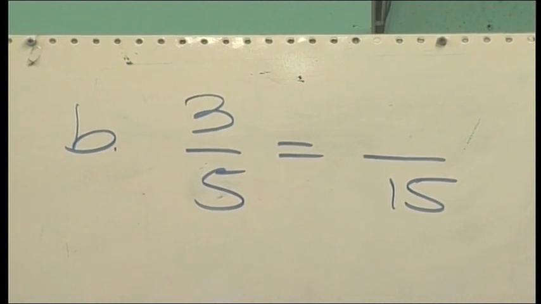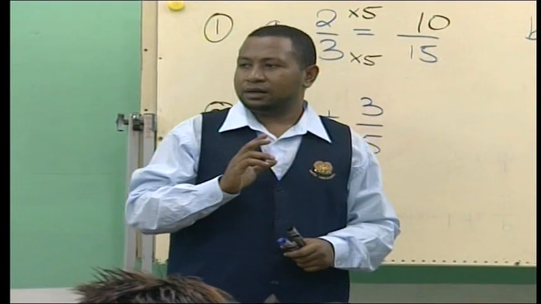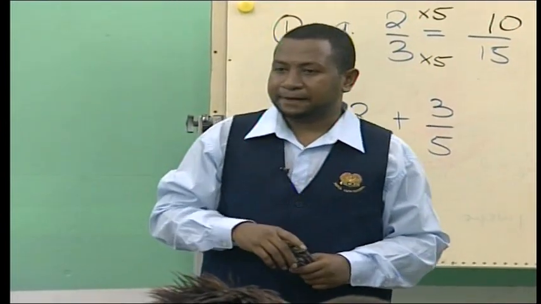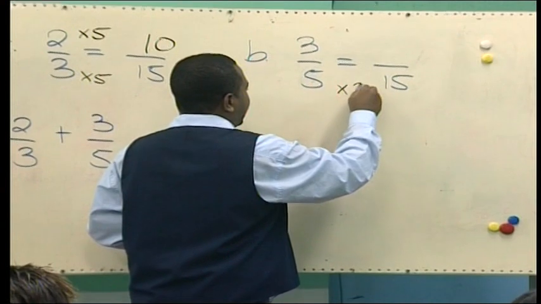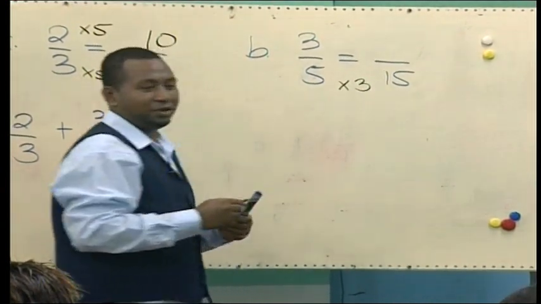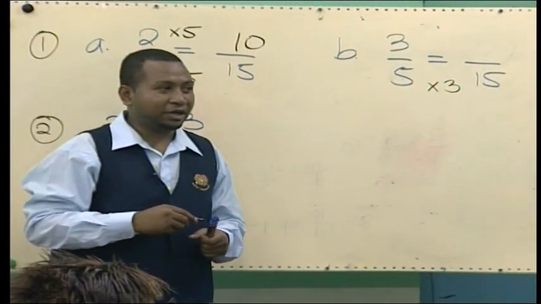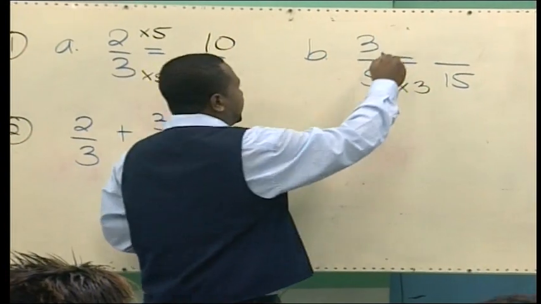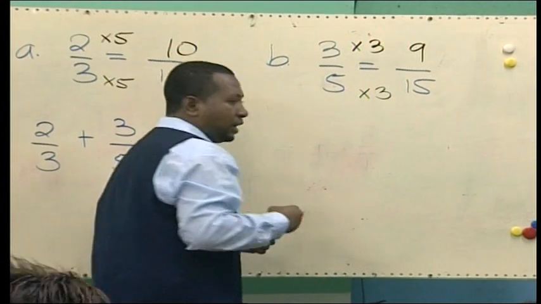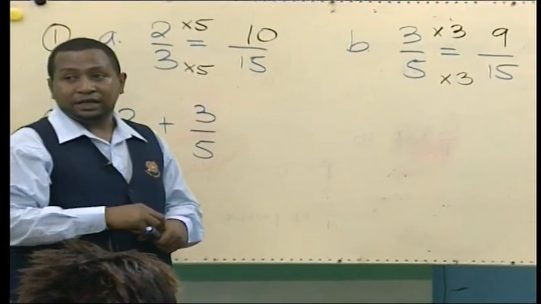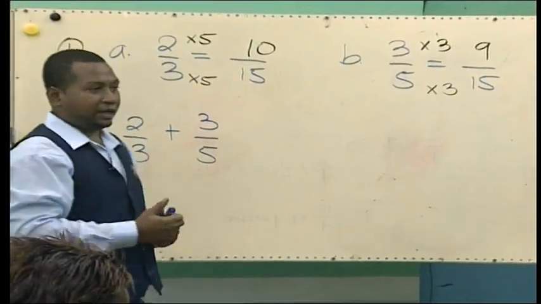Equivalent fraction of 3/5. Bagley. 5 times 3, 15. Okay, 5 times 3 is equal to 15. Very good. And 3 times 3 equals 9. So our equivalent fraction is 9 over 15. Very good.